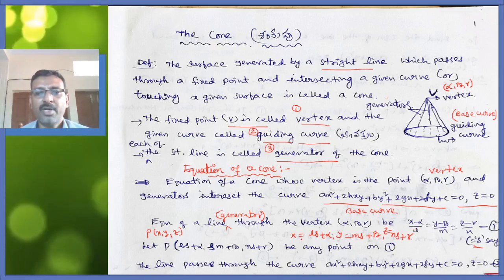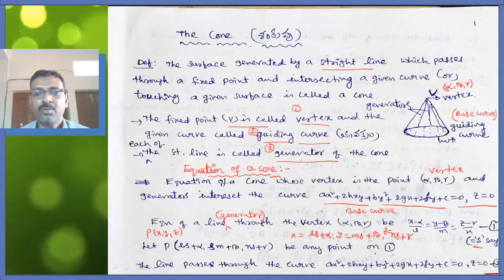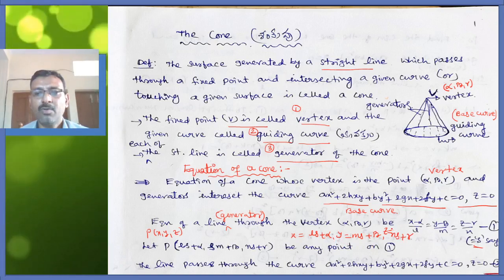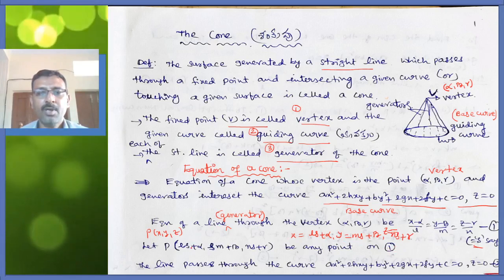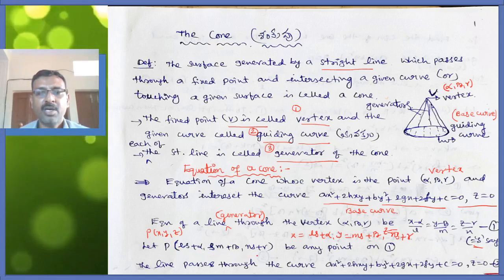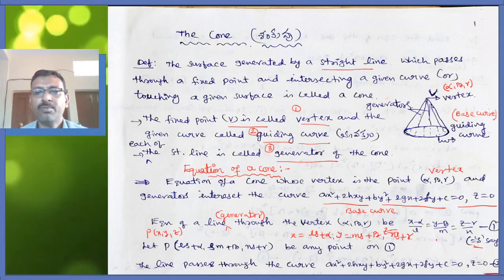So I have written x equal to l s plus alpha, y equal to m s plus beta, and z equal to n s plus gamma. So P(x, y, z) is nothing but P(l s plus alpha, m s plus beta, n s plus gamma), be any point on the generator or on the cone.